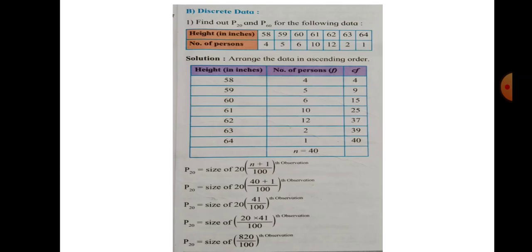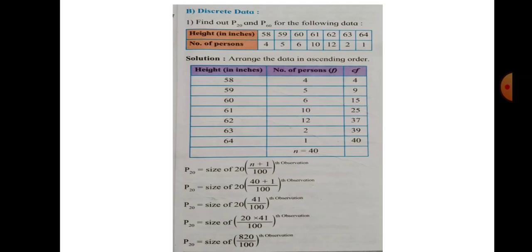Third column you have to create, that is known as the cumulative frequency column, that is CF. You know how to find the cumulative frequency. The first number is written as it is, that is 4, then 4 plus 5 is 9, 9 plus 6 is 15, 15 plus 10 is 25, 25 plus 12 is 37, 37 plus 2 is 39, and 39 plus 1 is 40.